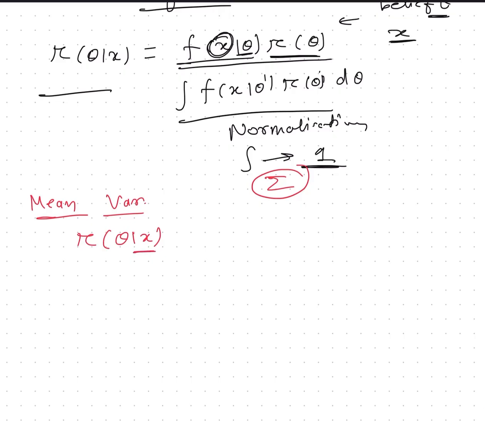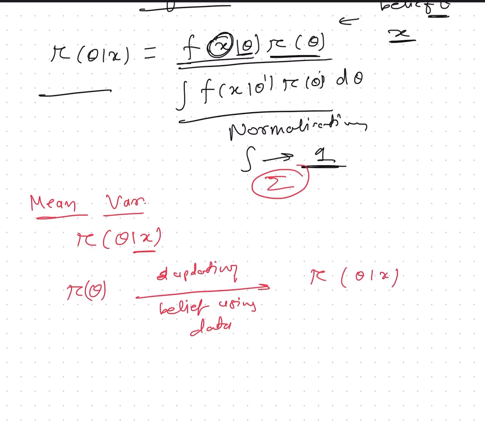What Bayesian inference actually does is that we have some prior belief, that is pi of theta, and we update this belief using some data, and it results in our posterior density, that is our posterior belief, which we denote by pi of theta given x.